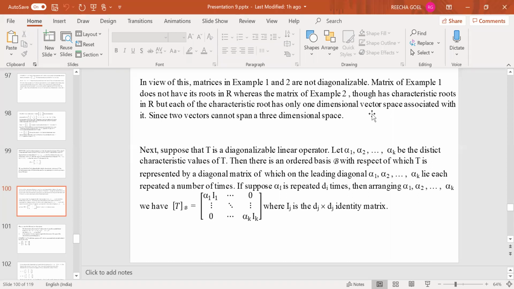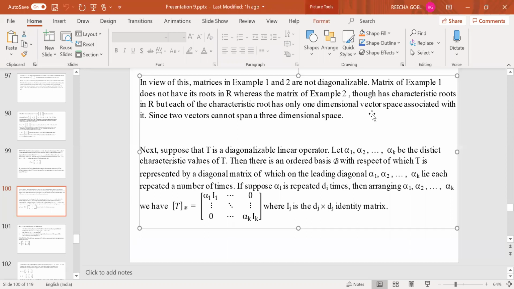And this diagonal matrix is going to be such that on the leading diagonal, these distinct characteristic values alpha 1, alpha 2, alpha k are going to lie. Because I have already told you that it is not necessary that there be n distinct values if we are considering an n-dimensional vector space. So alpha 1 could repeat, like a scalar multiple of a unit matrix.